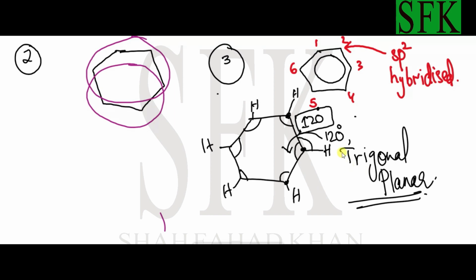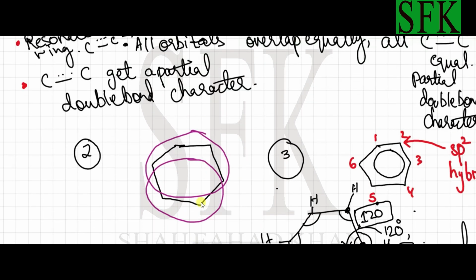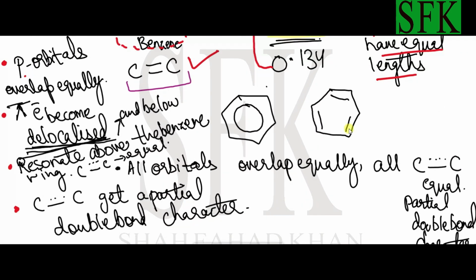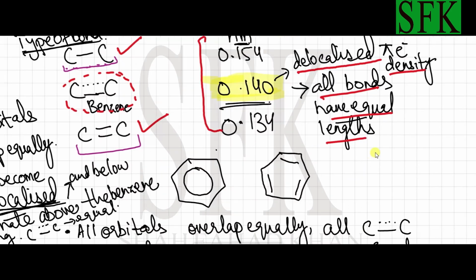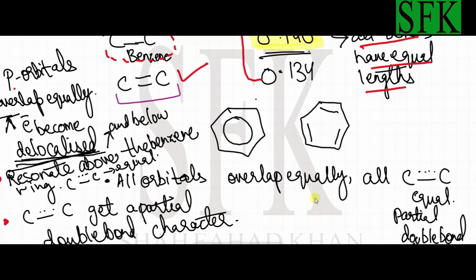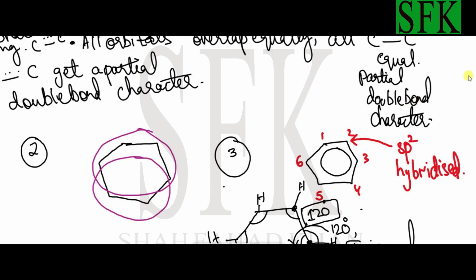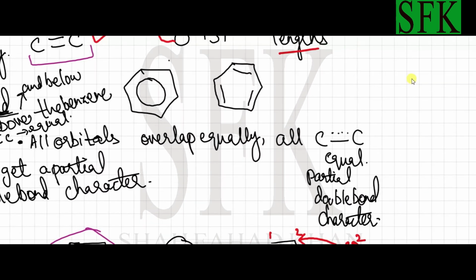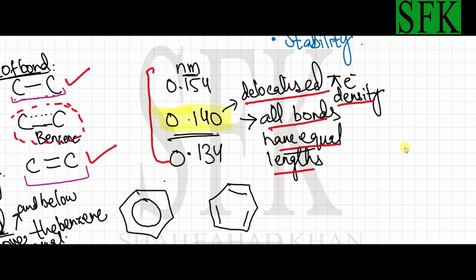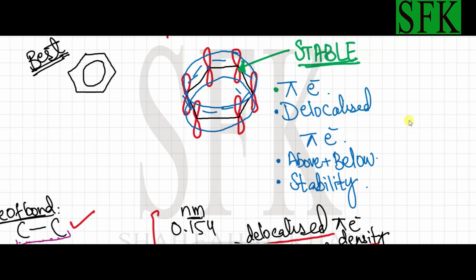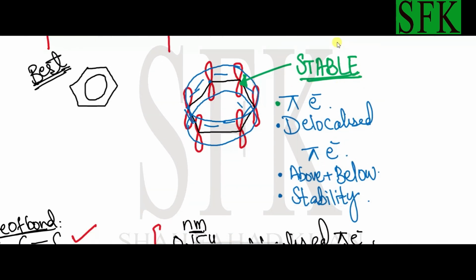And yeah, the stability of benzene is also very important. So better remember that the reason for stability is the pi electrons themselves, the delocalized pi electron density above and below the benzene ring.